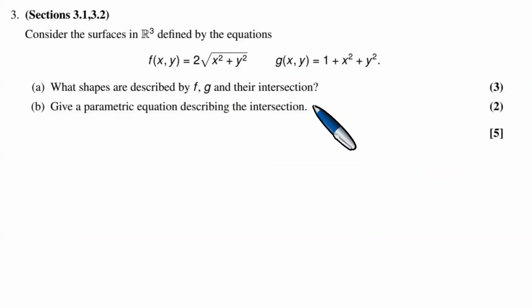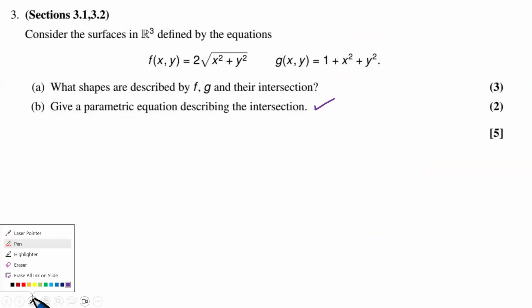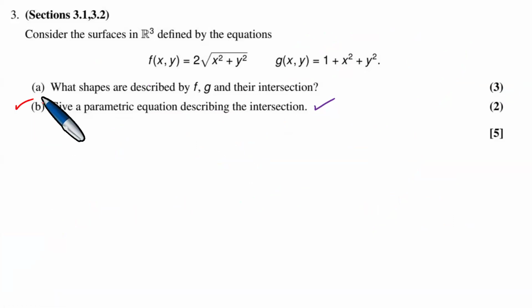The examiner goes on because the intersection itself is very detailed, and we spare some time to discuss it now in part B. The examiner says, give a parametric equation describing the intersection. To describe the intersection, we must say let.